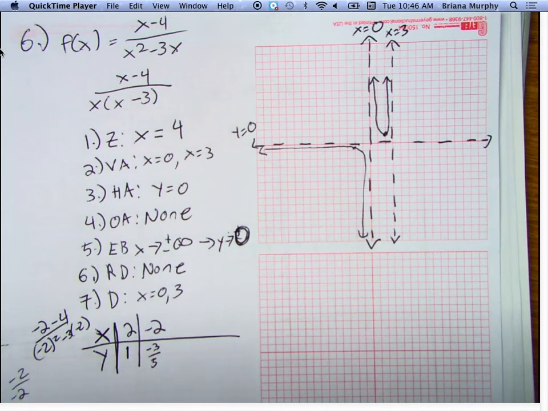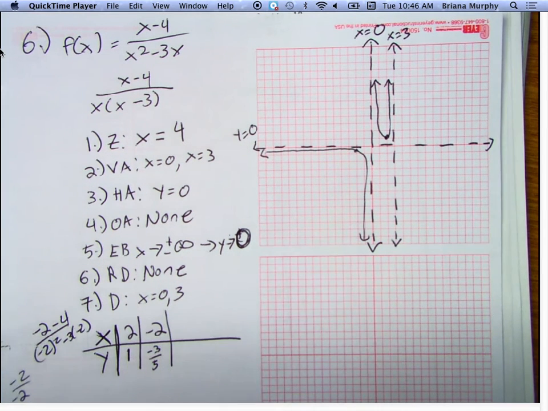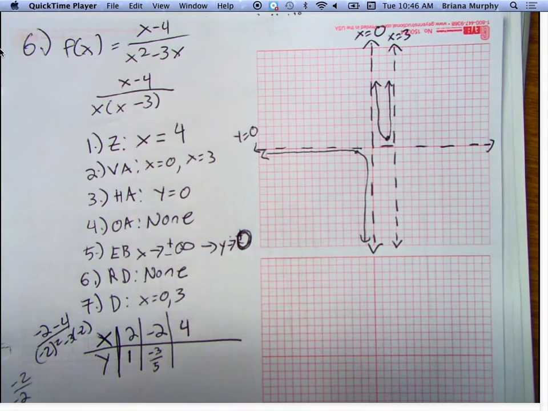Okay. I've got to go the other side. What's a number bigger than 3 that I can plug in? 4. There you go, Kyle. Nice. Okay. So I'm going 4 minus 4 divided by 4 squared minus 3 times 4.